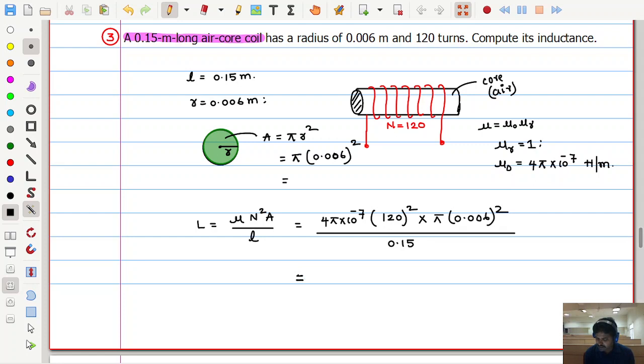So do these calculations very carefully. Don't make any mistake in simplifying these calculations. So what is the final answer? Clear? If somebody can do this right now, just do it and give me the answer. Can you give me this answer quickly?